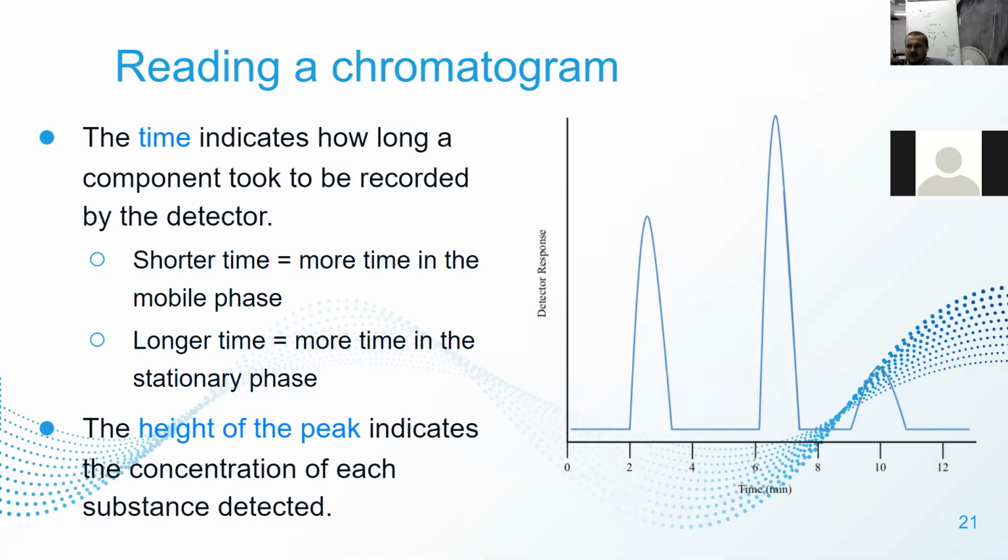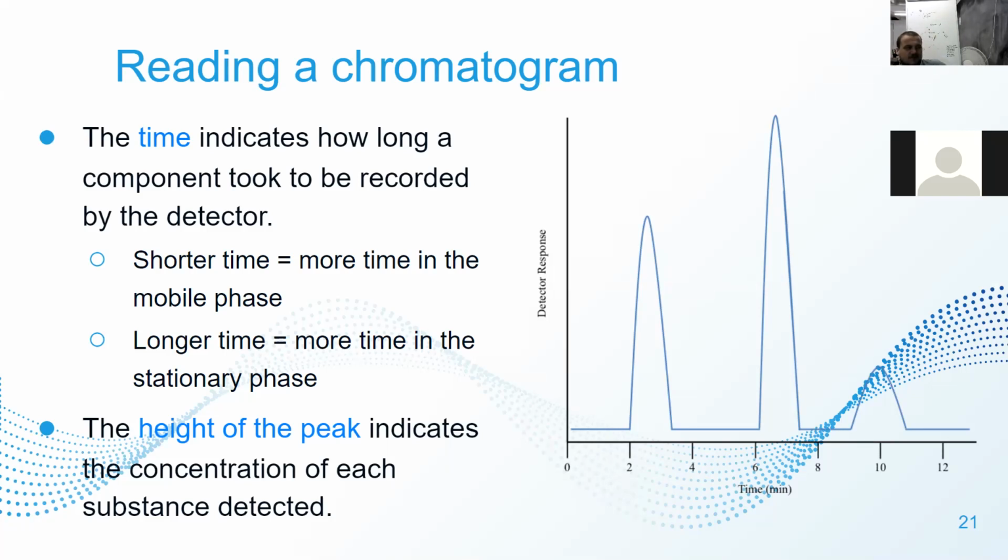So if this was in water, which one of these would be the most polar molecule? Which peak, 1, 2, or 3? The peak at 2 minutes, yeah. I don't understand how teachers make this so complicated.